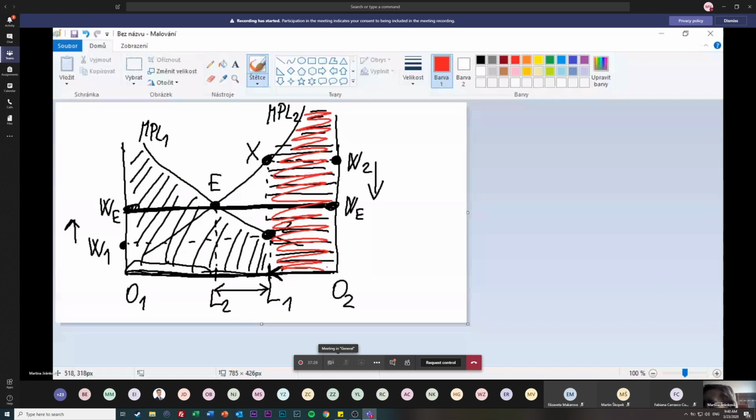In the second country, it's the red area now, finishing in XL1. And now there will be the migration. So I will try to use another color, for example, green one.